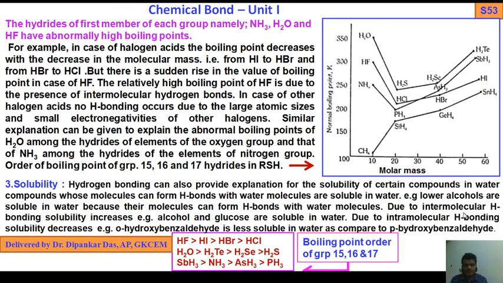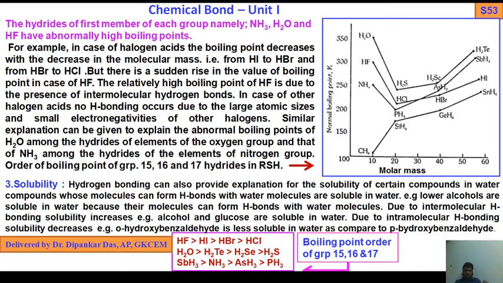Due to intermolecular hydrogen bonding, solubility increases. For example, alcohol and glucose are soluble in water due to intermolecular hydrogen bonding.